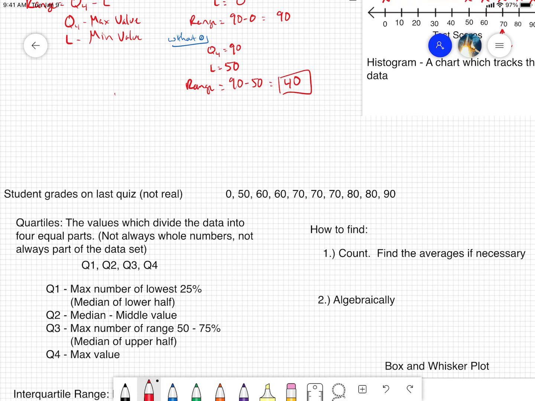If we're not including 0, 50 is our lowest value, 90 is still our highest, and we actually have 2, 3, 4. Our fifth value here is our actual Q2. So now this is part of our data set. We're going to see that including those values is really going to impact us.